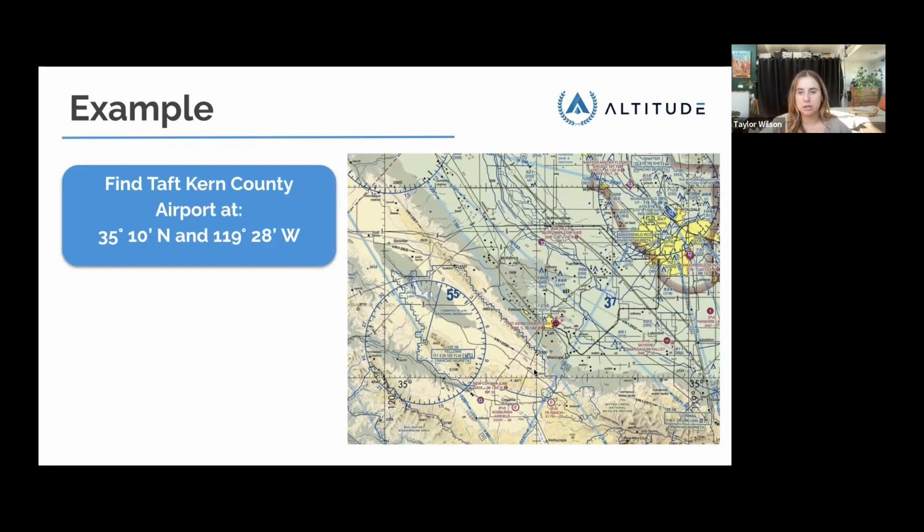So we know right here is 30 minutes, and then we're going to count 1, 2 to get us to that 119 degrees, 28 minutes west. And then we would draw a line straight up. Where that intersects with our other line that we drew earlier puts us right in the general area of where Taft Kern County Airport is. So that's how you would use coordinates to identify specific places on a chart.